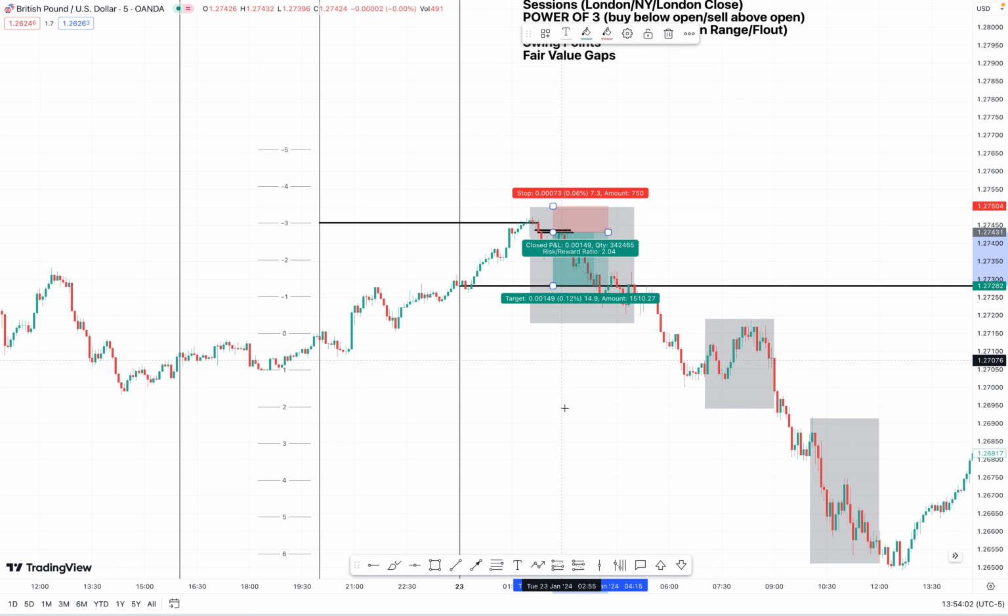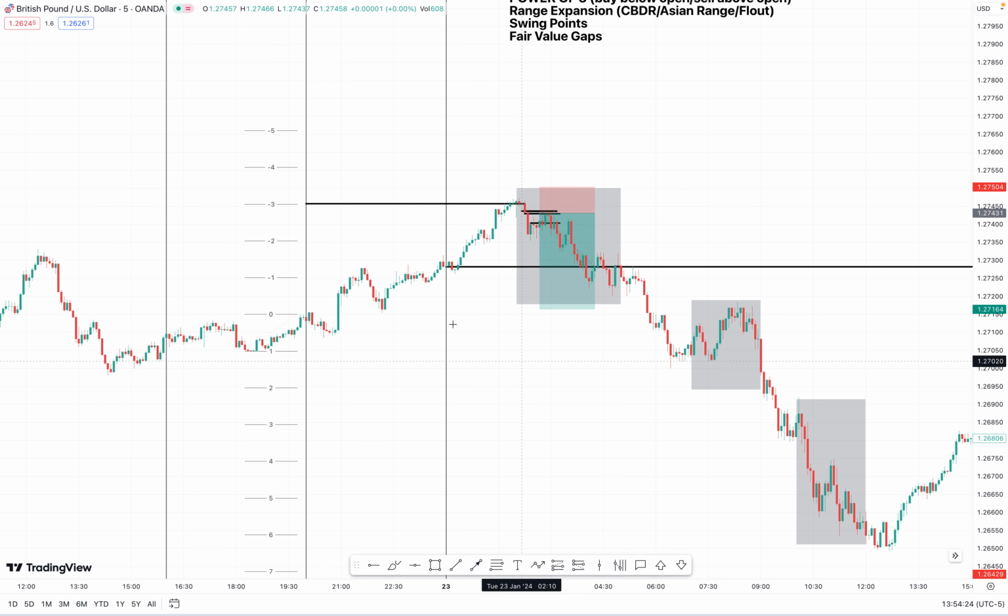If you're buying below the low of the open of the day, you never, ever close your position below this. So that's the rule.